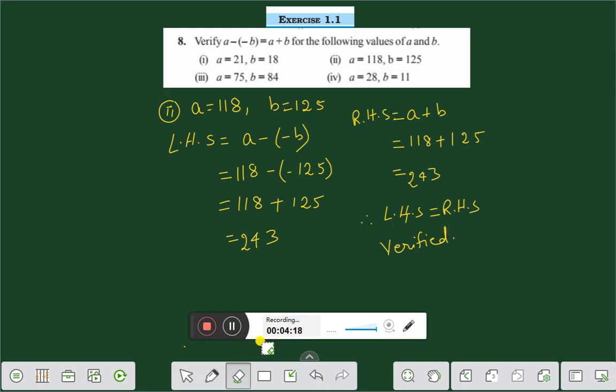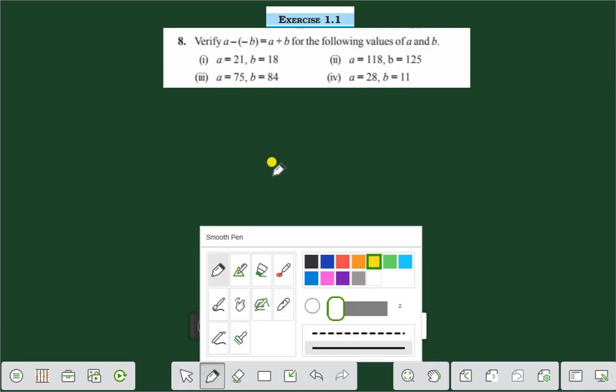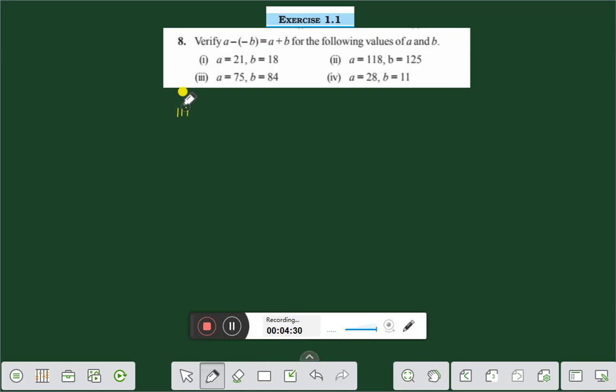You see, question number 3 is, a is equal to 75, b is equal to 84.